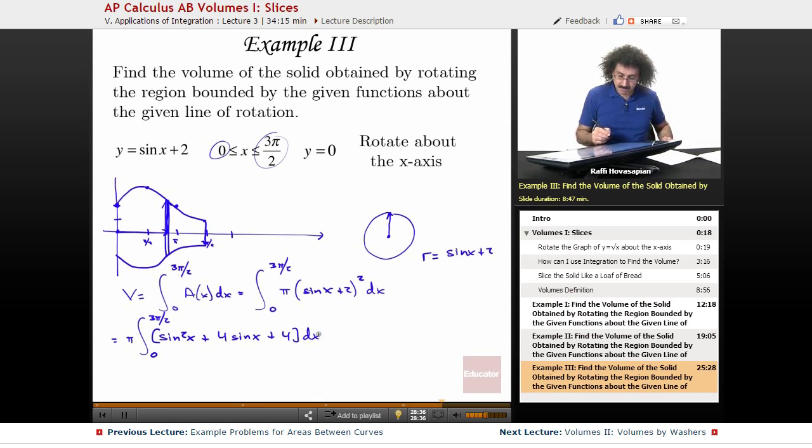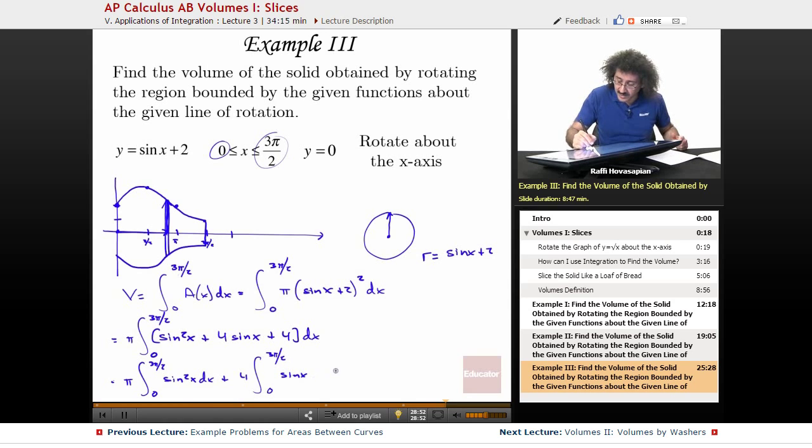dx, which I can separate out into pi times the integral from 0 to 3 pi over 2 of sine squared x dx, plus 4 times the integral from 0 to 3 pi over 2 of sine x dx, plus 4 times the integral from 0 to 3 pi over 2 of dx.